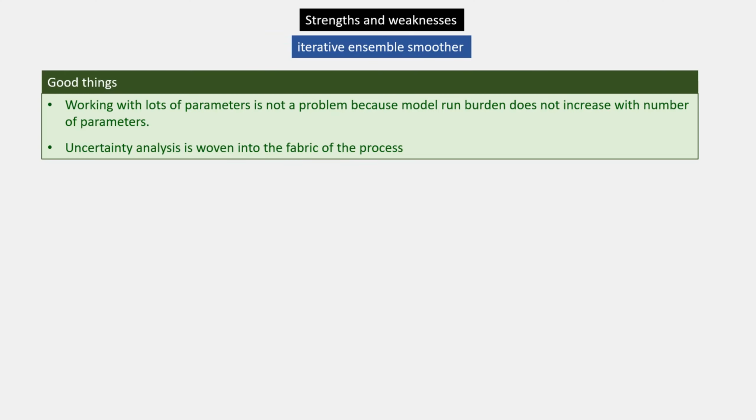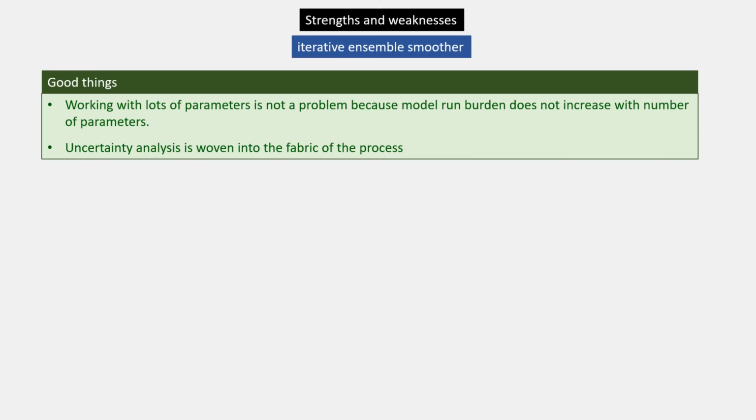Ensemble methods. Well, the beauty about ensemble methods is the numerical burden of their implementation is so much less. The number of runs per iteration of the inversion process is proportional to the number of realisations in the ensemble, and this needs to be something above the dimensionality of the solution space.